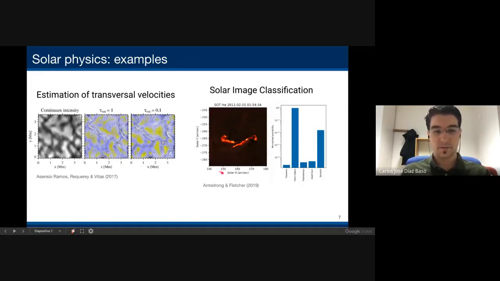And one of my favorites, in my opinion, is the solar image classification, which is very useful. For example, nowadays we have a large data set of observations and one needs to find a specific target for an analysis. So this will be very useful.